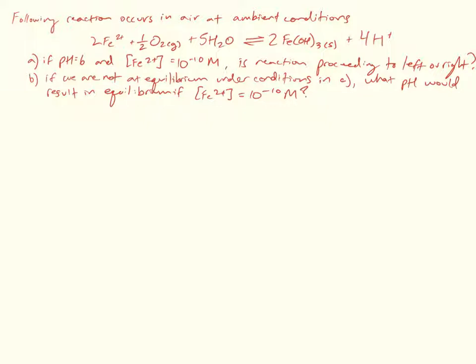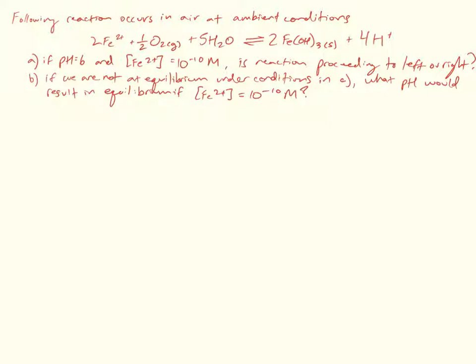If Q is not equal to K, then the reaction will proceed either to the right or the left, depending on whether Q is less than K or greater than K. So we're not given a K, so we know that at some point we're going to need to calculate what K is for this reaction. We're also going to need to calculate what Q is for the conditions given. So let's start by writing out our equation for what Q is.